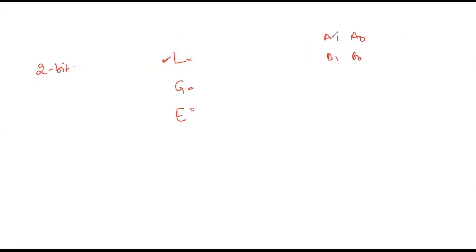See amma, here when we say A is lesser than B, we'll write the combinations for your understanding more betterly.